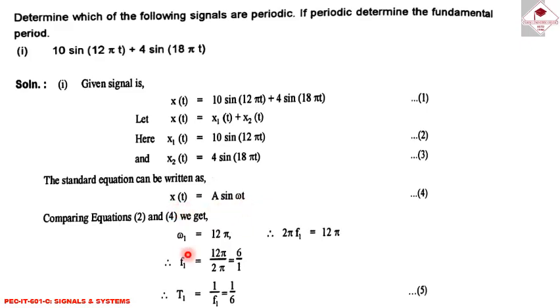Here omega1 is 12 pi. So we can write 2 pi f1 equal to 12 pi. From that, f1 is equal to 6, and T1 is equal to 1 divided by f1, that is 1 divided by 6.